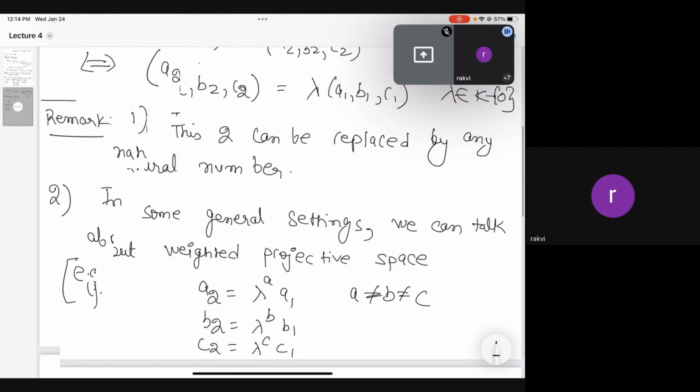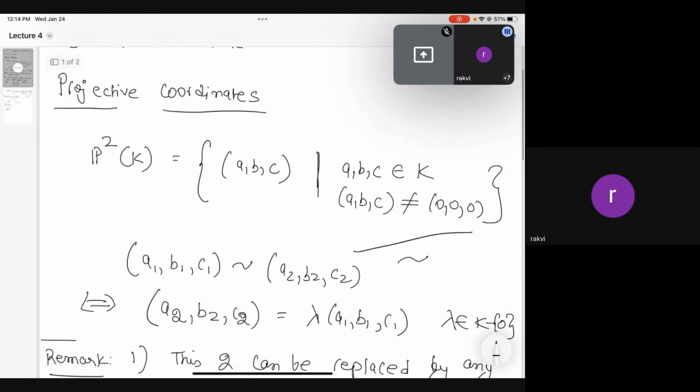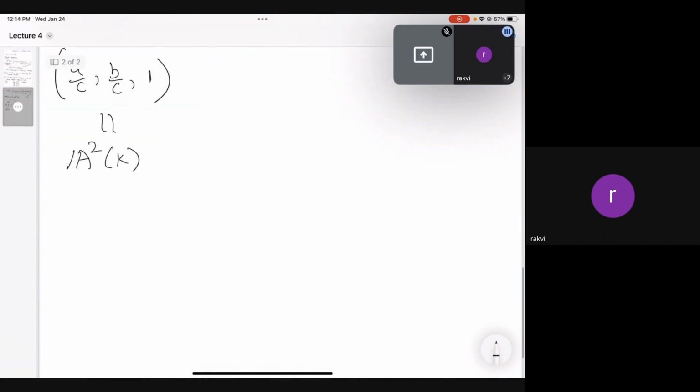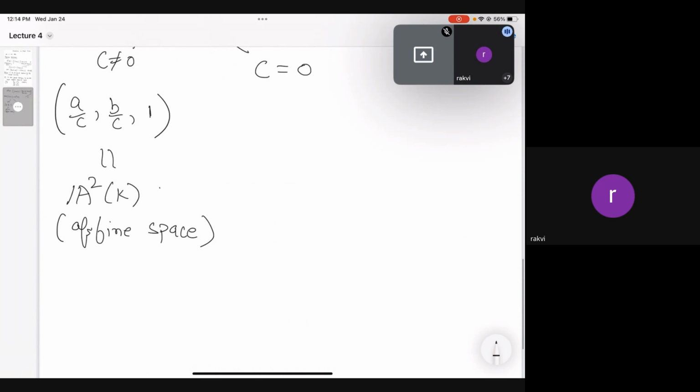Let me write down the names for the sake of completion. Projective space, and when I say A2 of K, I mean affine space. Affine space is basically the usual Cartesian product thing. I just take this set of two-tuples (x, y) where x and y both are in K, no restrictions.